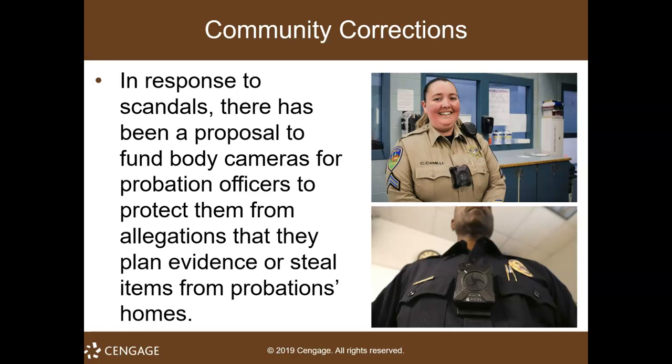A 2013 Denver Post review of parole records discovered a lot of fundamental errors in about 60% of the cases. The review showed that parole officers left parolees on their caseload even after repeated failures to appear.